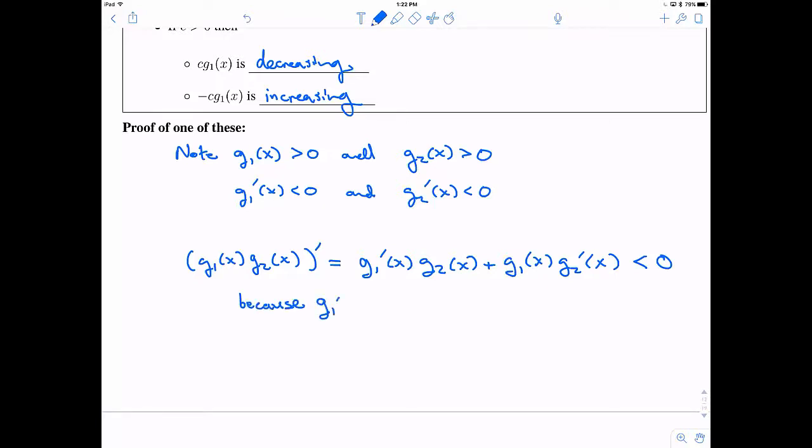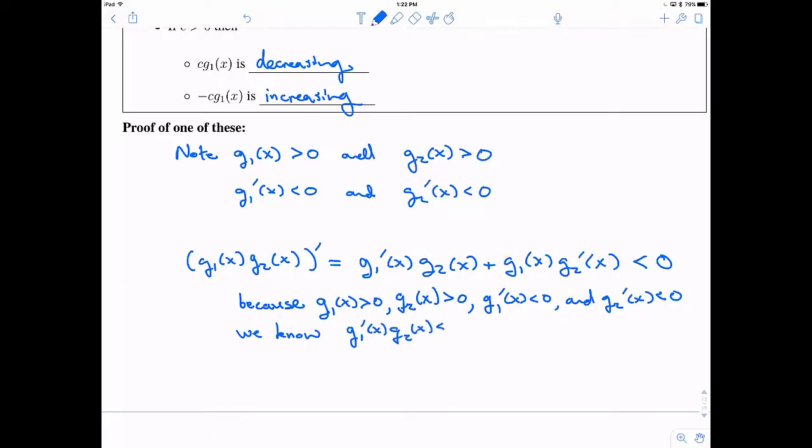Because our function g1 is greater than 0, our function g2 is greater than 0, our function g1 prime, or the derivative, is less than 0, and g2 prime is less than 0, we know that these components, g1 prime of x times g2 of x, is less than 0, and g1 of x times g2 prime of x is less than 0.